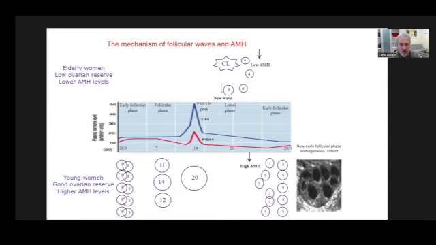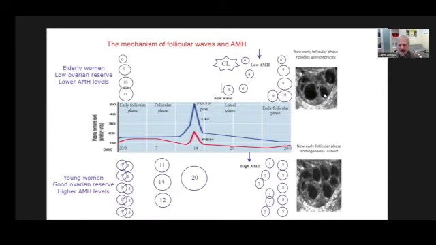So when we perform our scanning at the beginning of the new menstruation, we will find asynchronicity. So we will find a dominant follicle and small follicles that are moving to atresia. And probably even starting stimulation with exogenous gonadotrophins, it will be too late for protecting some follicles from atresia.